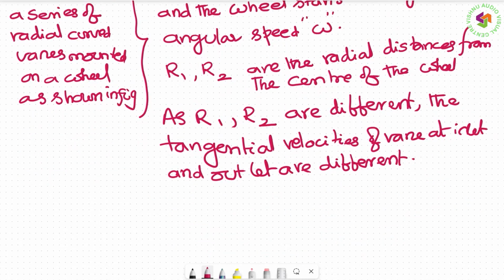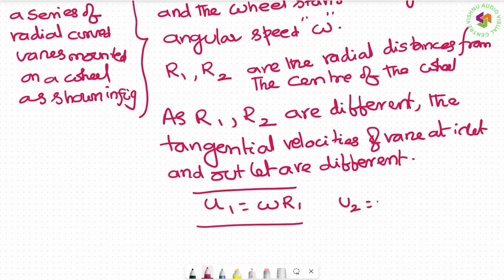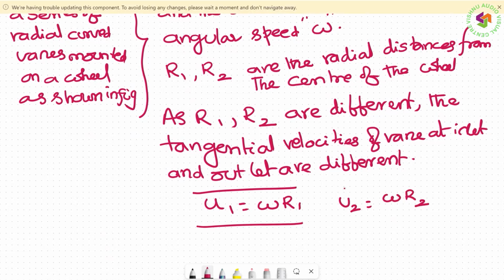Therefore, U1 is equal to omega R1, U2 is equal to omega R2.